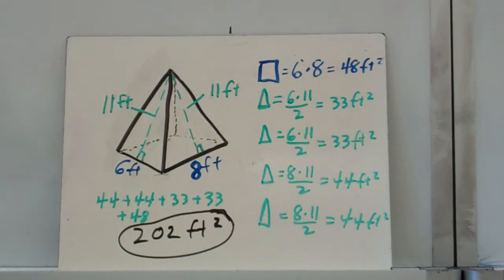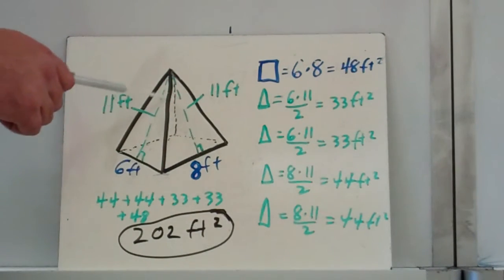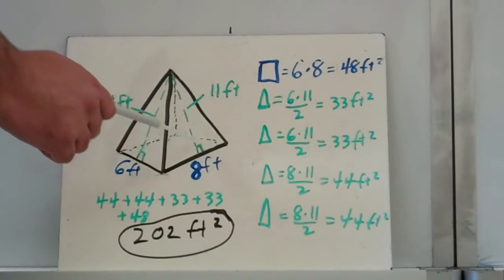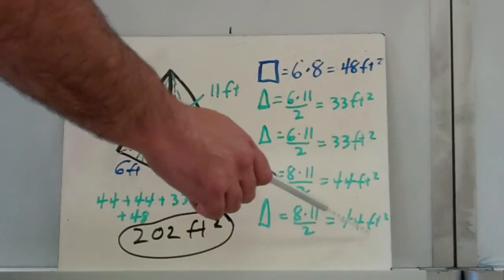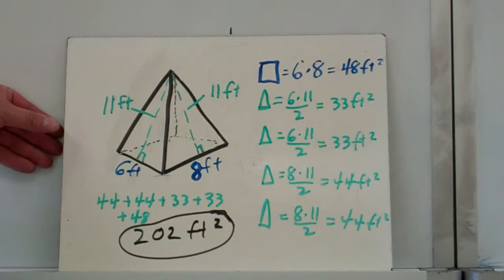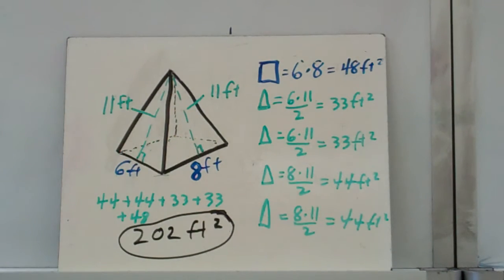Divide that by 2, we get 44. And then we take its partner on the other side, 8 times 11, and divide that by 2, and we get 44. And then we can take 44 and 44 and 33 and 33 and 48, add those all up and get 202 feet squared.